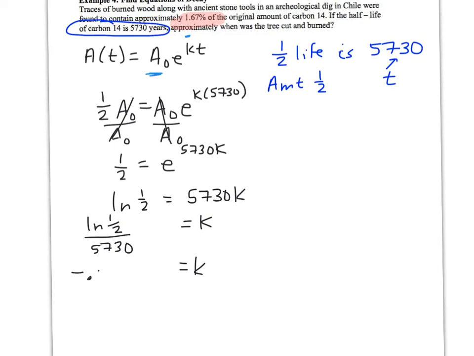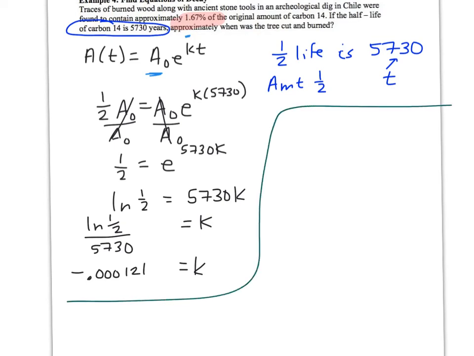It better be negative, which it is, negative 0.000121. So it's a really small k because this is an extremely slow decay rate. But now I have my equation. The amount of carbon-14 is the initial amount of carbon-14, e to the negative 0.000121t.